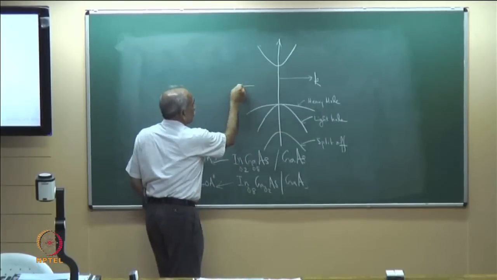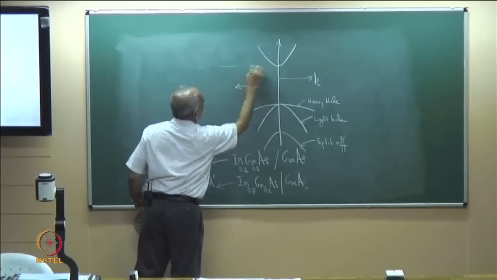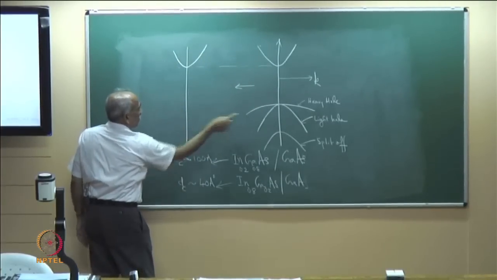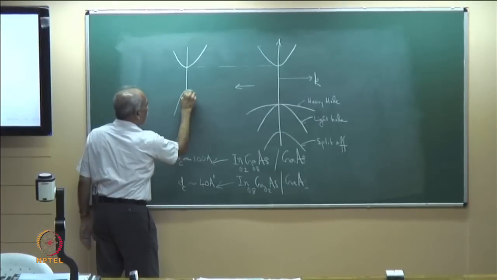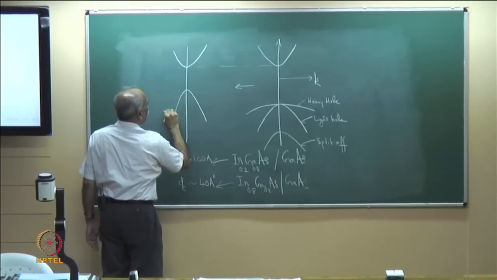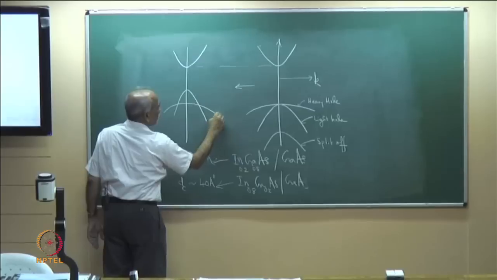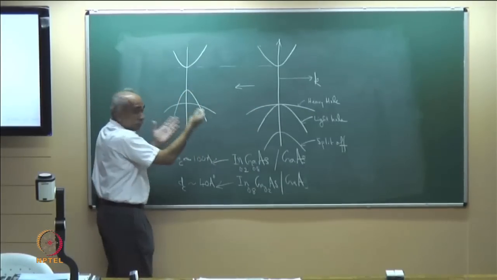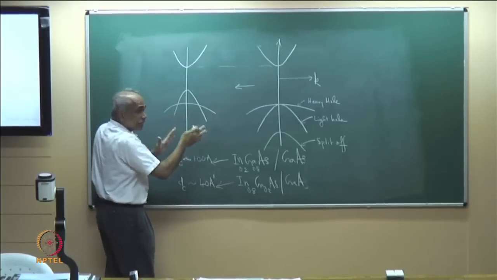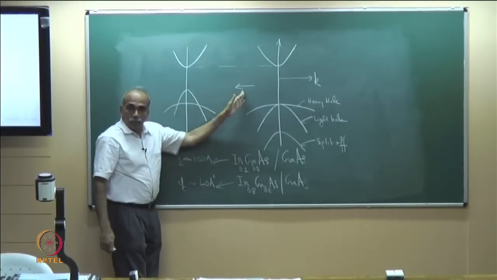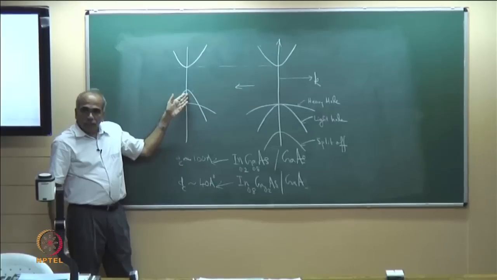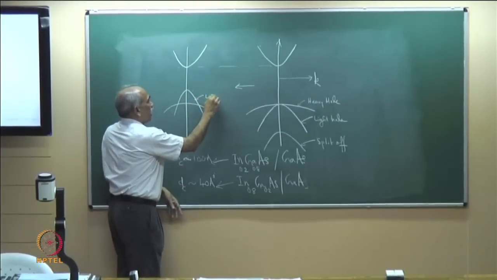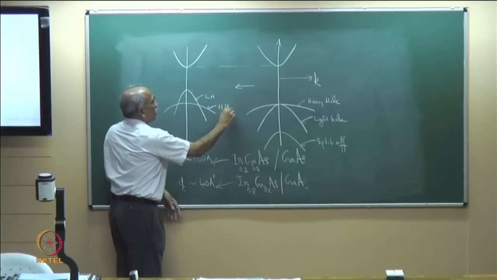Depending on the strain, the light hole could come up and the heavy hole band could still remain there. Depending on whether it is tensile or compressive strain, you could have a picture like this: the light hole band is here, heavy hole band is here.